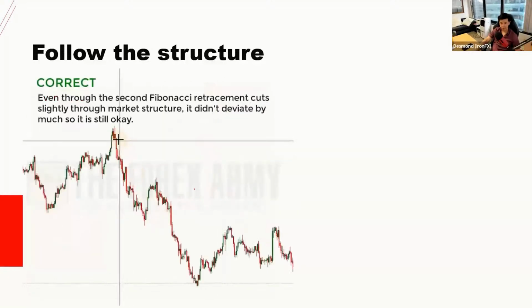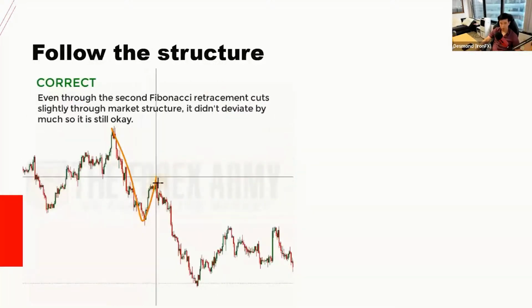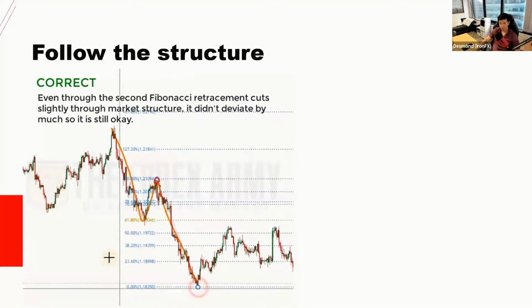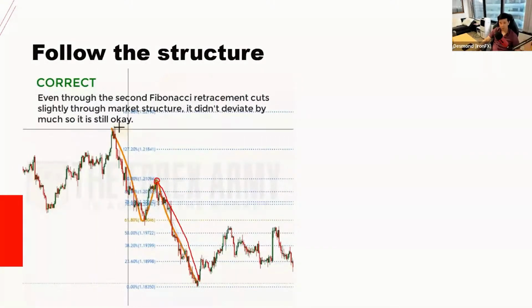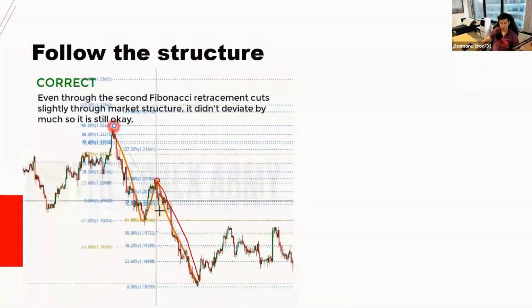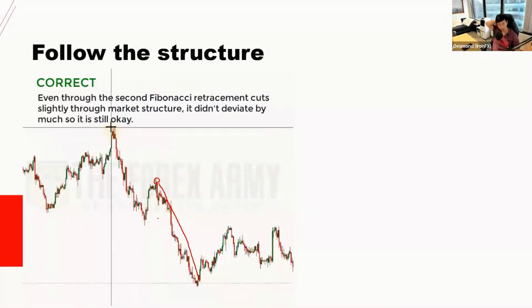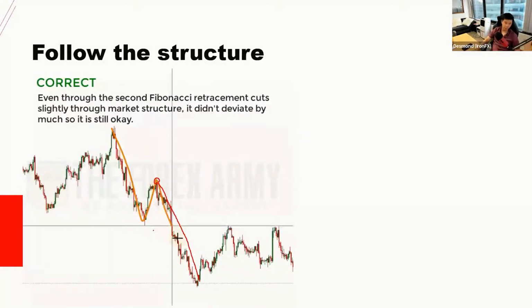You compare that with this. When you draw a Fibonacci retracement like this, from here to here, you notice how nicely price follows it. Even from here to here is okay, it deviates just a little bit. In these situations, the Fibonacci is a lot more effective because it follows price more accurately.